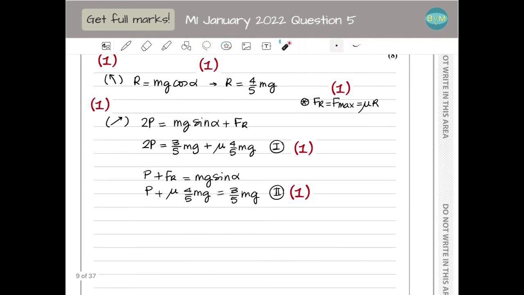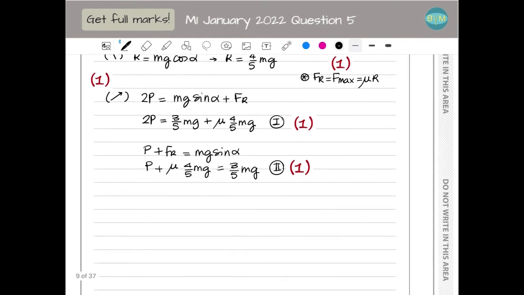So I have 2 equations, this one and this one, with 2 unknowns, P and mu, and I just need to find mu. So I'm just going to solve simultaneous equations, has not much mystery. What I'm going to do, for example, is from 2, make P the subject, so P is going to be mg, and I'm going to open brackets, factorize, so 3/5 minus 4/5 of mu, and I'm going to substitute that expression in 2.